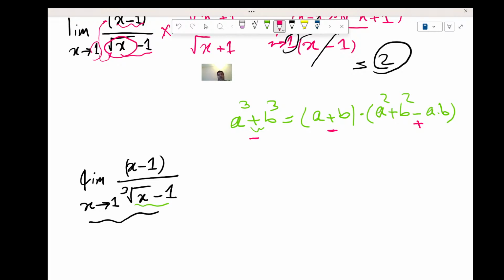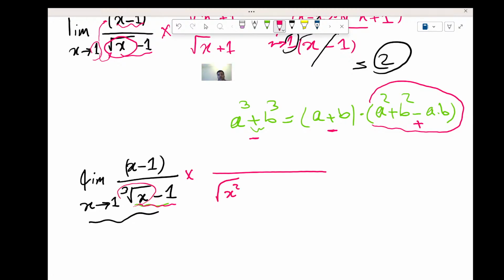Therefore, if I put this identity first, I have this, I must build this, and I multiply in numerator and denominator, and after that start calculating. The first part with power 2 is x power 2 with the cube root, the second one with power 2 is positive 1, and a times b with the minus sign is positive cube root of x, yes?